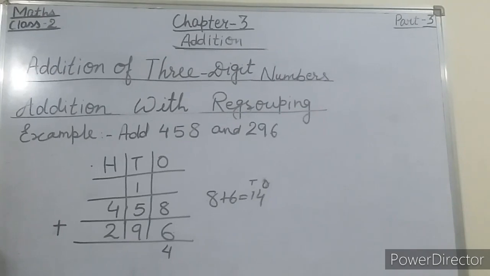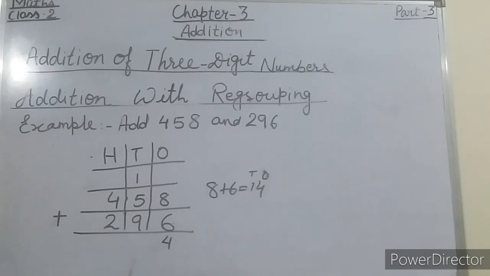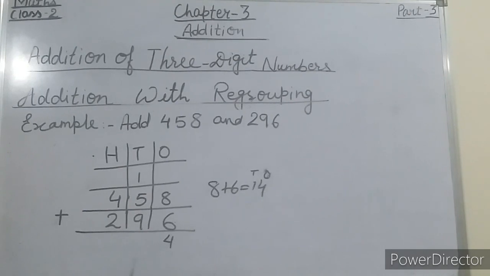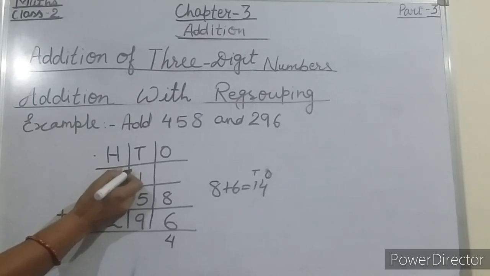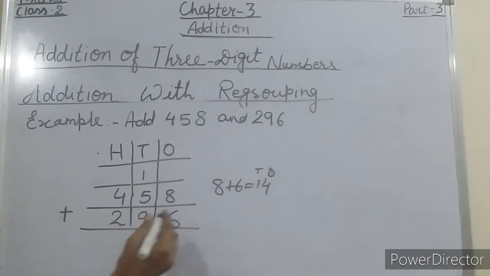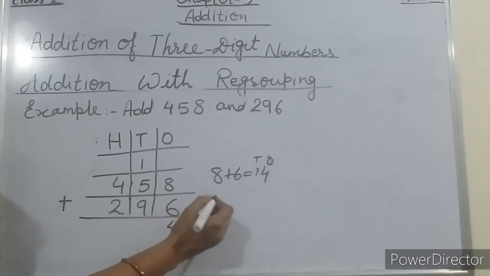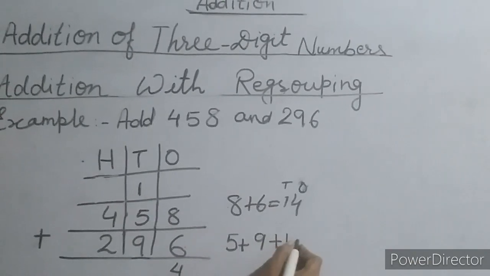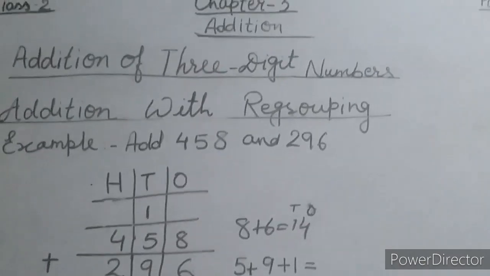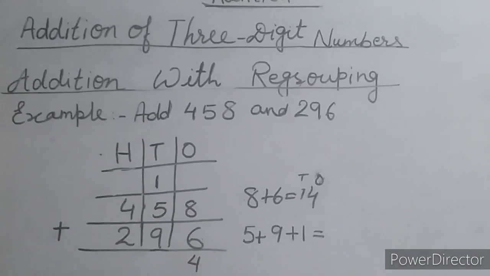Now add the tens, that is 5 plus 9 plus 1 carried over. So 5 plus 9 students: 6, 7, 8, 9, 10, 11, 12, 13, 14, and 1 carried over, 15.